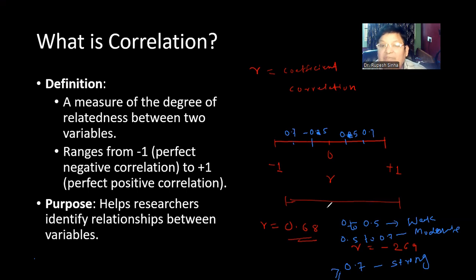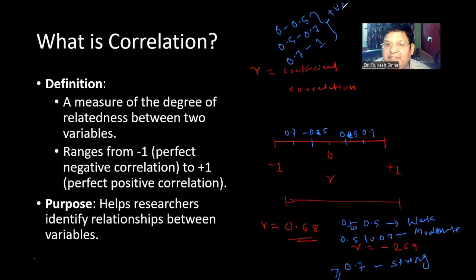So based on the value of R, we are going to say whether the relationship is weak, moderate, or strong. So again, remember 0 till 0.5, 0.5 to 0.7, and 0.7 till 1, positive or negative, whatever is coming.